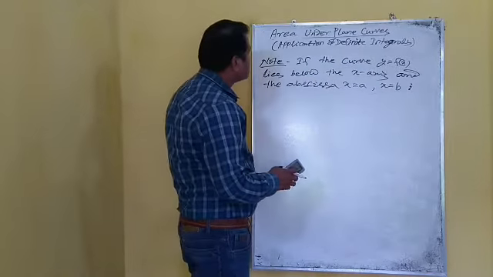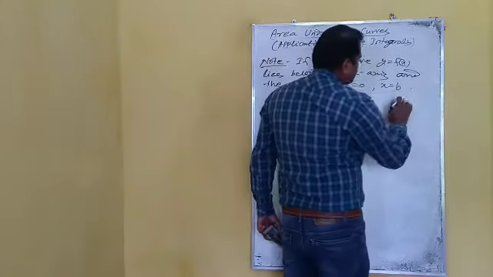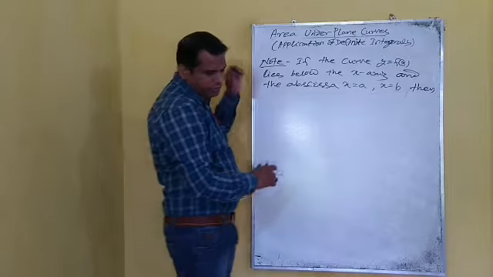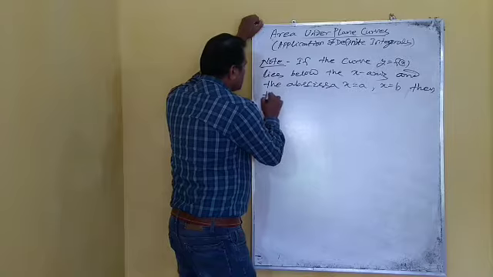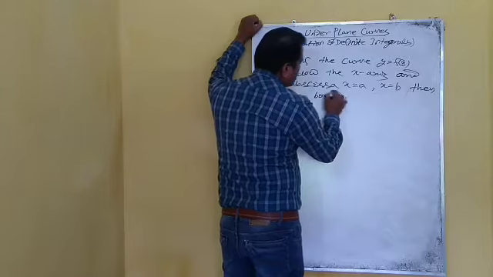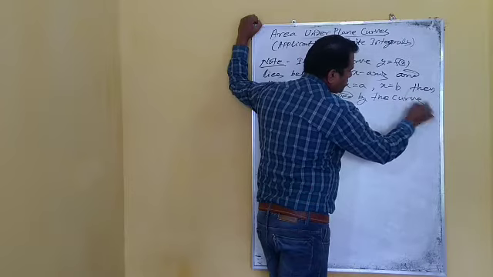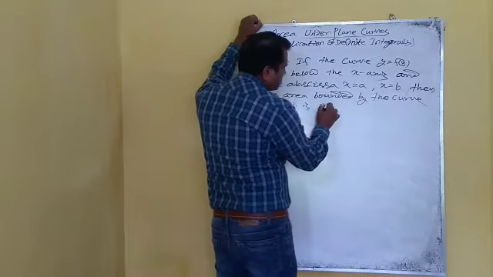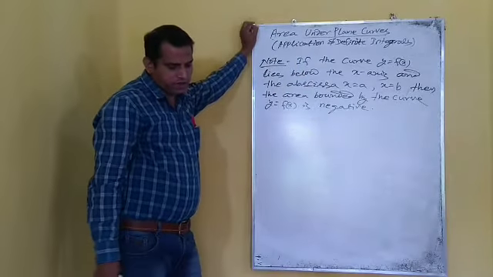Then the area bounded by the curve y is equal to f of x, which is negative.